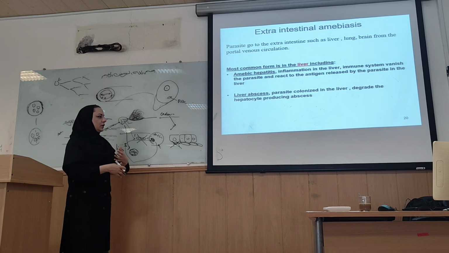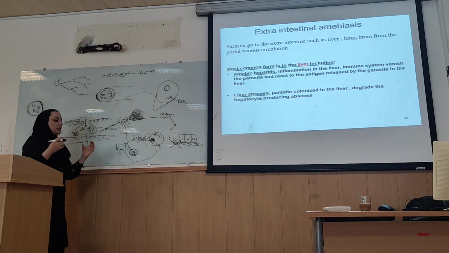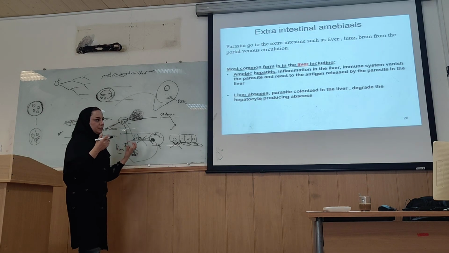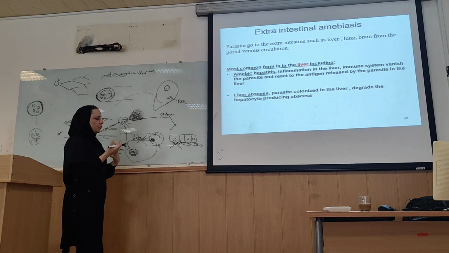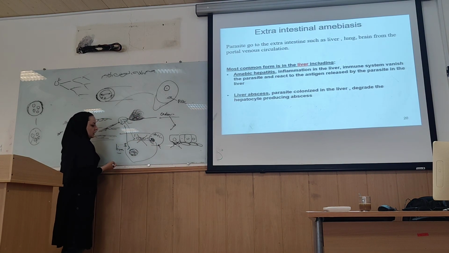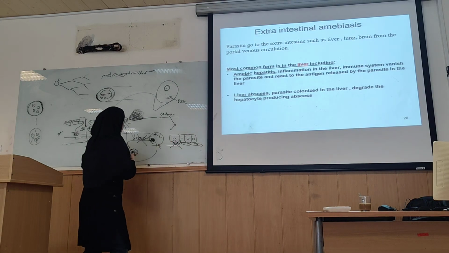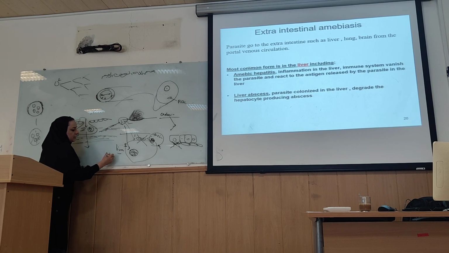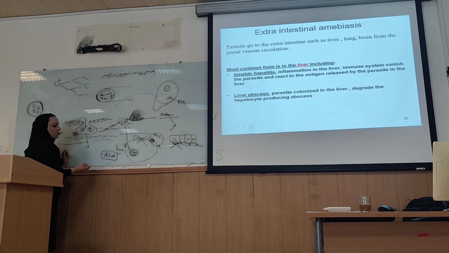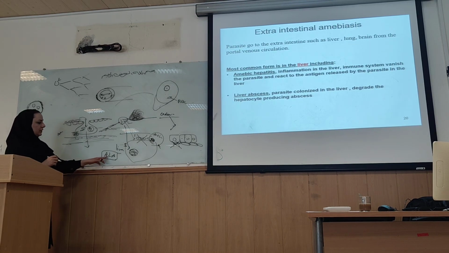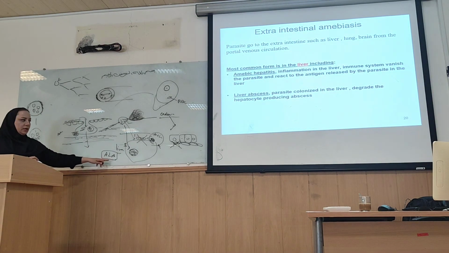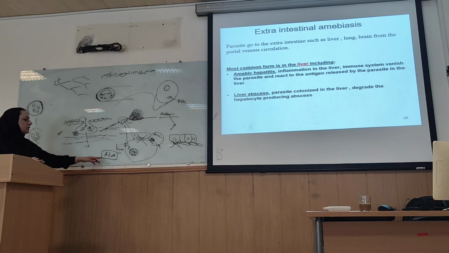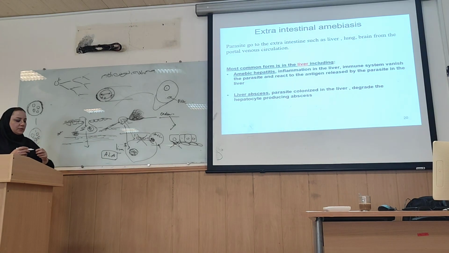They multiply, they digest our hepatocytes and the immune cells, and with some mucus they produce abscesses that we call liver abscesses. It is very important. We call it amoebic liver abscess, ALA. If you search or Google it, amoebic liver abscess, ALA. So the hallmark of extraintestinal amoebiasis in histolytica is the amoebic liver abscess.